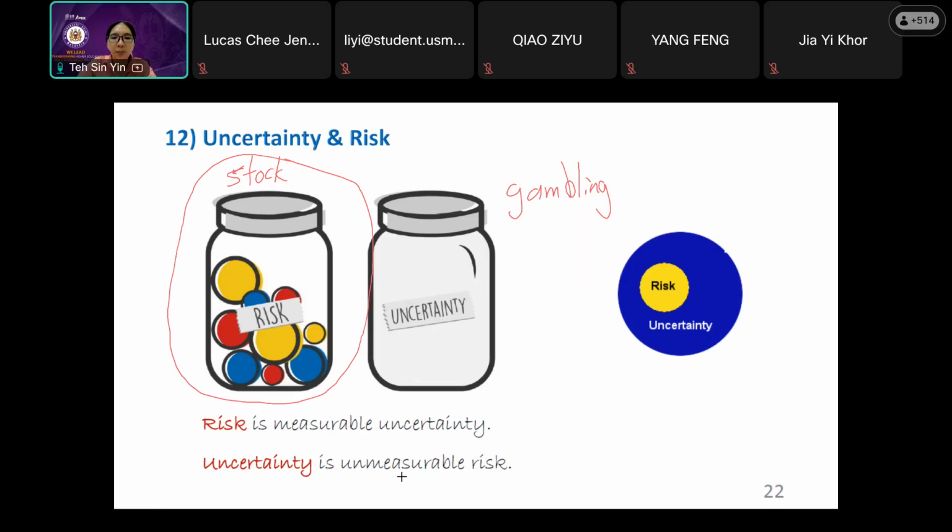Uncertainty is unmeasurable risk. Risk is a subset of uncertainty, because with risk you have certain information, while with uncertainty you have no clue at all. You can imagine risk is like investing in stock, whereas uncertainty is like gambling. I'm trying to help you understand these two keywords.